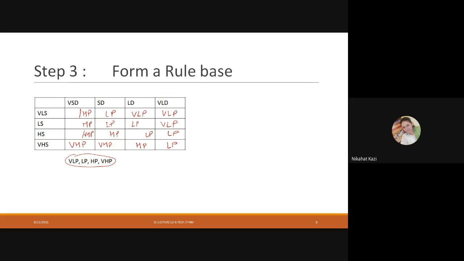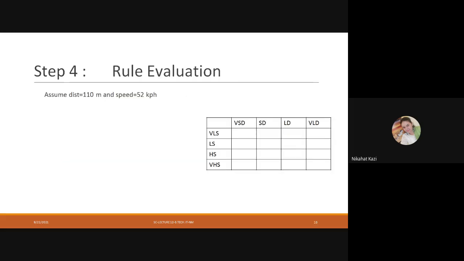Now for distance 110 meters and speed 52 kilometers per hour, we have to evaluate the rules. First, we have to see in which region distance 110 meters is present, so which membership function is applicable.